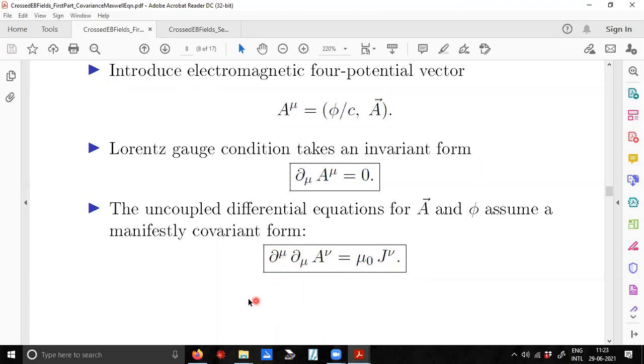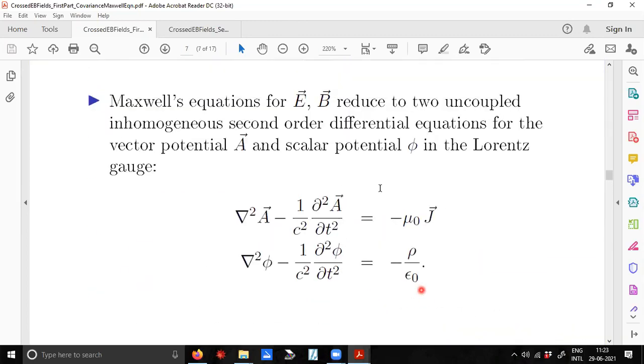It is nothing but, oh sorry, 1 over C squared, dou squared by dou T squared minus del squared operator, that is the Laplacian operator, acting on A0, A1, A2, A3. Take one at a time. Mu is a free index. This is a summed index, up and down. So you have to write it explicitly to see that it is nothing but this.